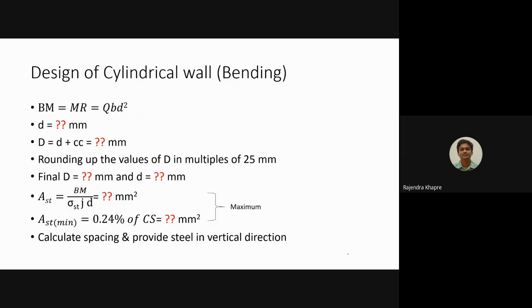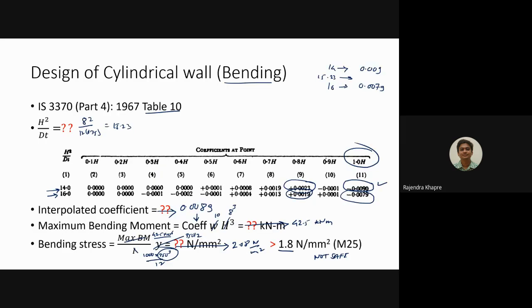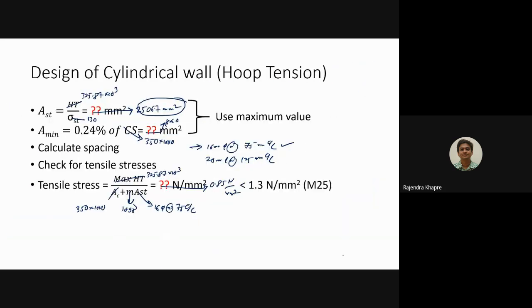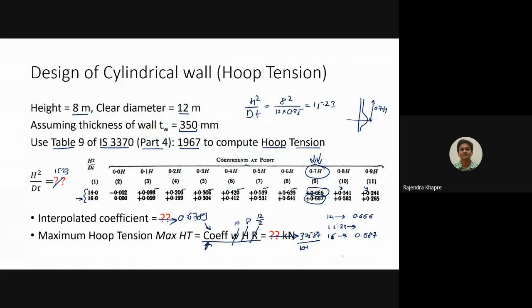Okay, so for this purpose you have to redo the entire calculations. तो पूरे calculations आपको repeat करने पड़ेंगे. You have to go back up to here. You have to calculate the hook tension one more time, because now your thickness will not be sufficient. This 350 mm will not be sufficient.